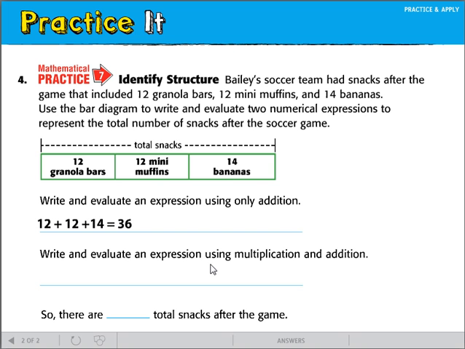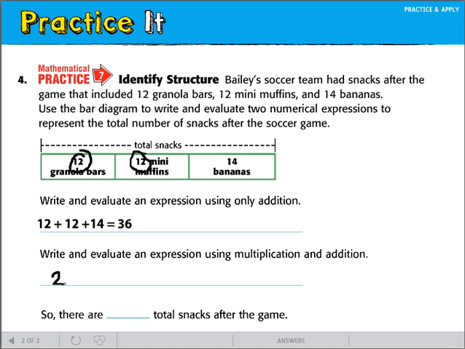Now, after that, things are going to get a little bit more complicated. Because now we have to use multiplication and addition. Okay? So the first thing that I want to look at is I need to make groups. Okay? So I'm going to look at the number 12. How many number 12s are there? 2. 2. So what am I going to multiply 12 by? 2.